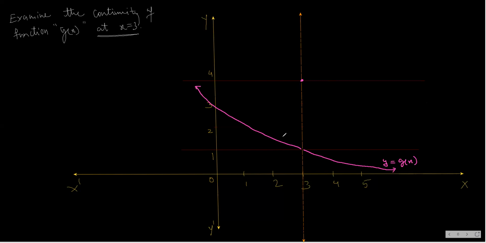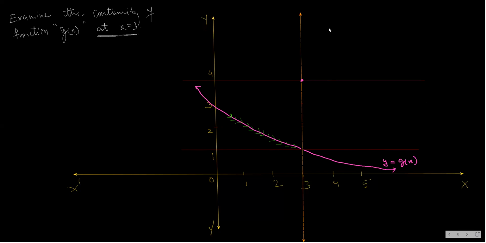Now look at this function. What is happening in this function? On the function y equal to g of x, when I move from left to right, I am approaching the number 3 on the x-axis.